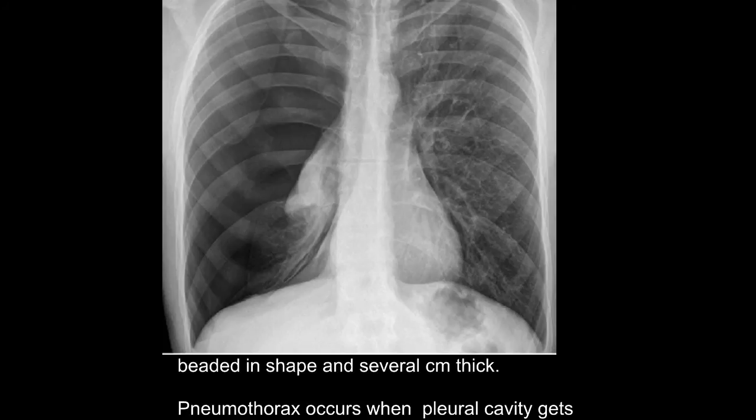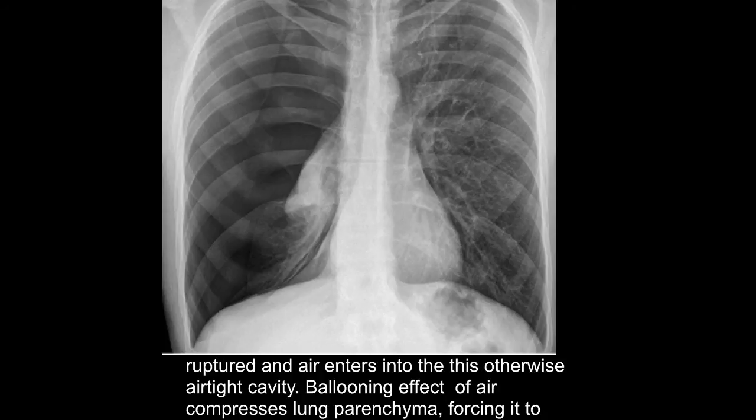So pneumothorax occurs when the pleural cavity gets ruptured and air enters into the pleural space, which is otherwise airtight.